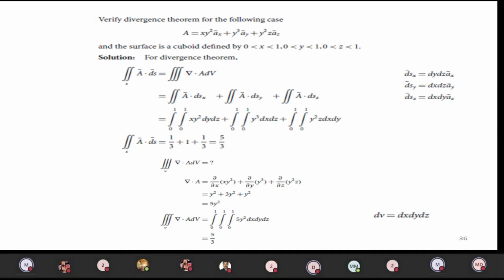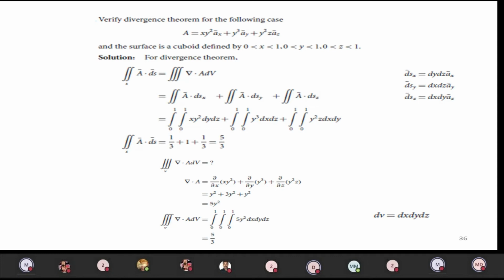So del dot A will be dou by dou x into the coefficient of ax, plus dou by dou y into the coefficient of ay, plus dou by dou z into the coefficient of az. So del dot A equals dou by dou x of xy square, plus dou by dou y of y cube, plus dou by dou z of y square z.